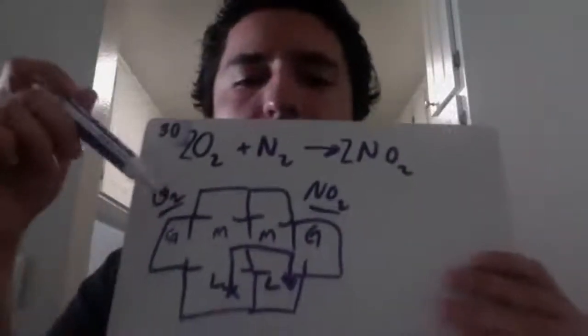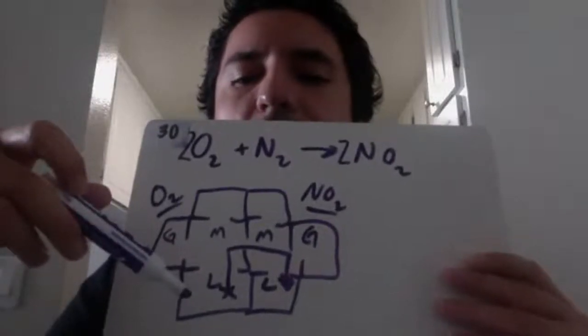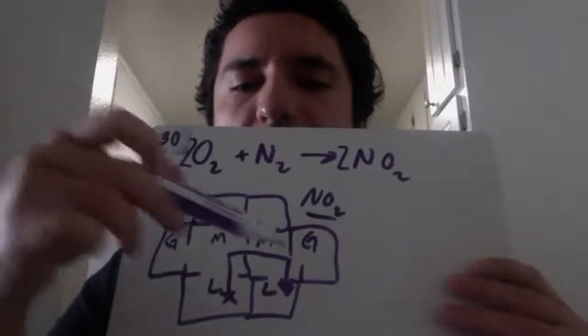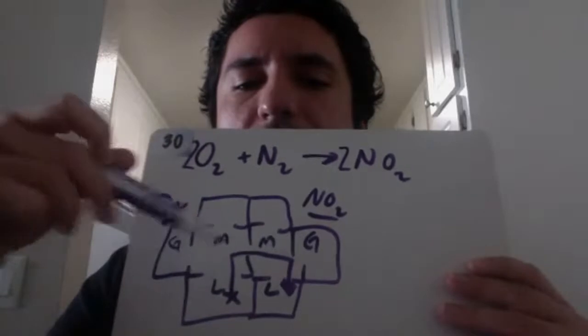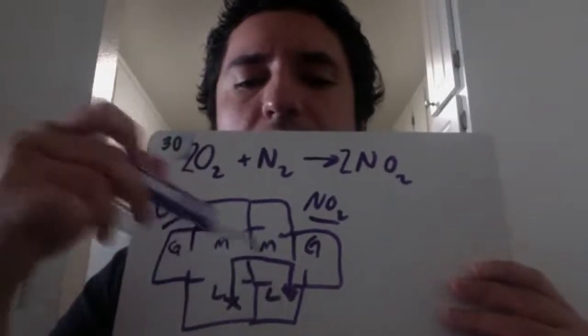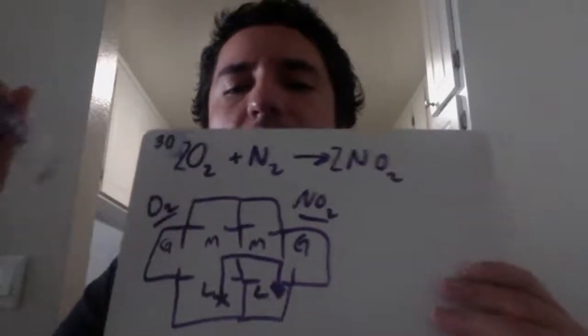So we're going from liters of oxygen to liters of NO2, right? So we're starting with oxygen on the oxygen side of the house in liters, and I'm trying to go from liters of oxygen to liters of NO2. So it's this little upside down U shape, all right? Now, I'll do the whole thing like a normal stoichiometry problem, and then I'll show you the shortcut. So here, I'll just show you the whole thing.